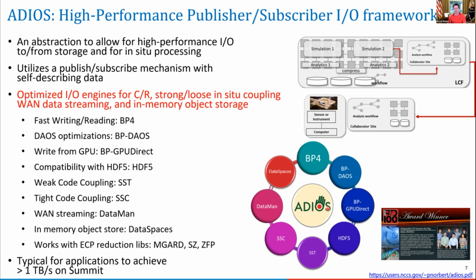You can use ADIOS to write to HDF5, and similarly, as part of our project, we even provided a VOL layer of HDF5. So using HDF5, you can write ADIOS. And the caveat in those statements is you get most of the functionality, but not all of the functionality when you go in between these types of techniques.